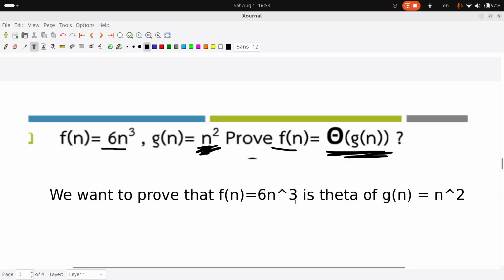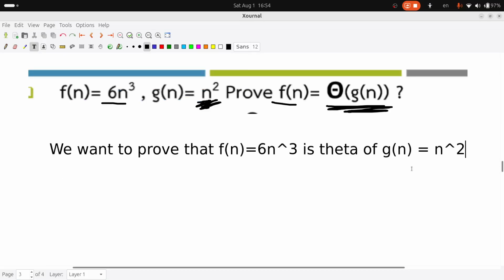The first line we specify the goal of what we are going to do for this problem. We want to prove that fn is a theta of gn. And the next thing is, we are going to prove that for theta notation. So we say that by definition, let me write by hand.